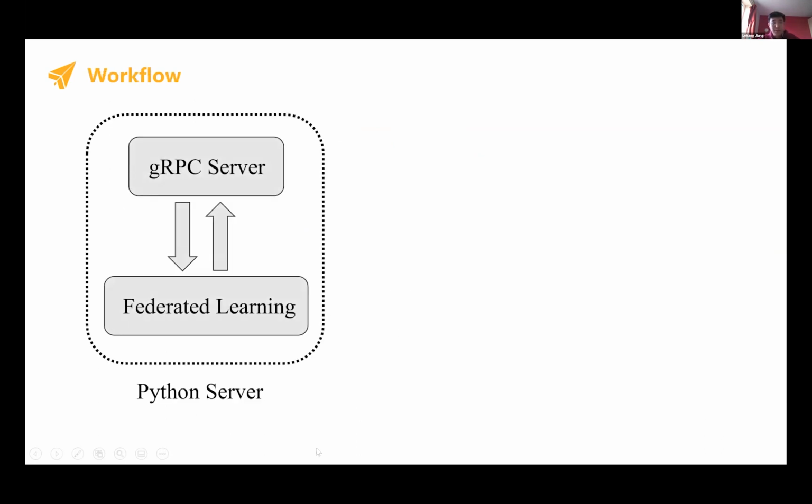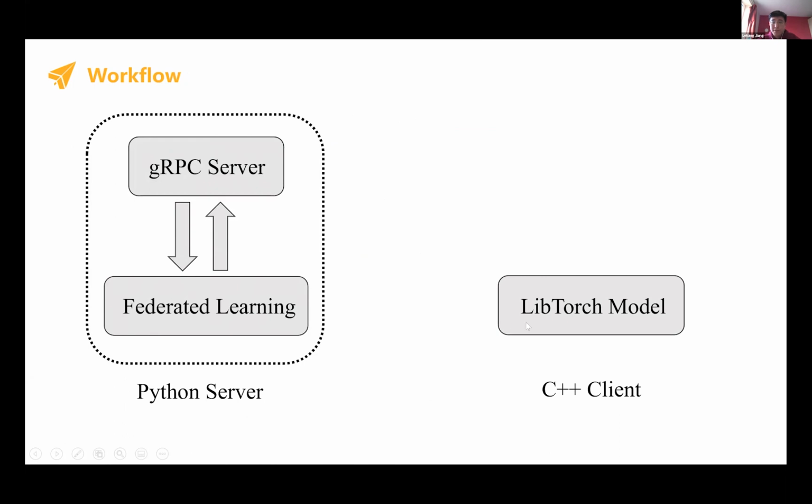So let me explain in more detail. This is the Flower server written in Python, which contains a gRPC server and some federated learning components, such as the federated learning strategies. gRPC is used for communication with the client side. And we have a local model in C++, and we want to interact with Flower.